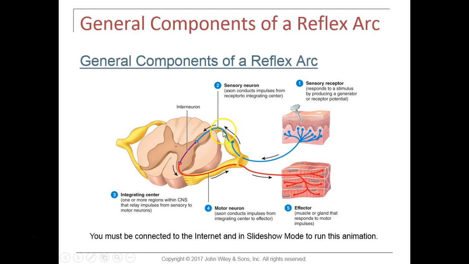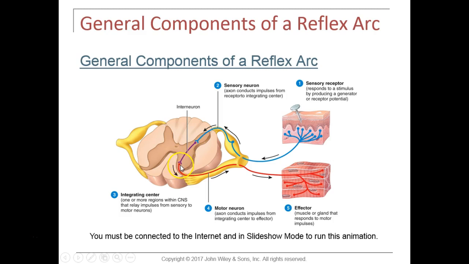And there, depending on the type of receptor and sensory neuron and reflex that will be initiated, different types of synapses will occur. So this is just in general. The sensory neuron comes in and may synapse with what we call the interneuron. Interneurons, if you remember from chapter 12, are totally confined within the central nervous system. That interneuron then synapses with a motor neuron.